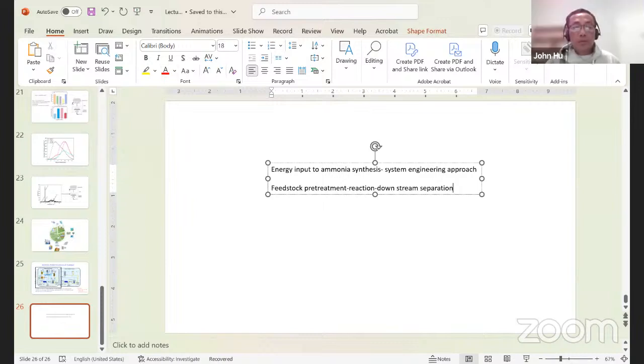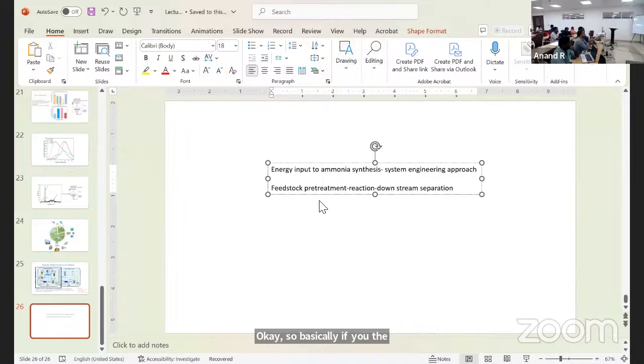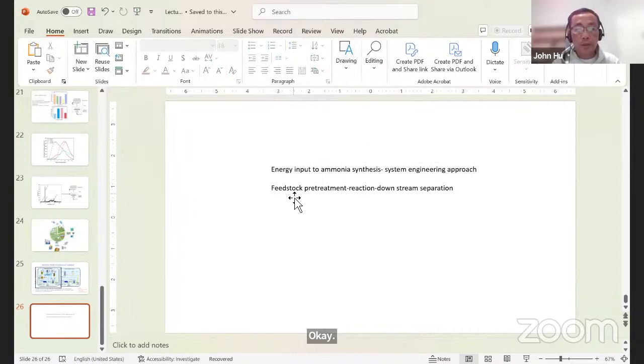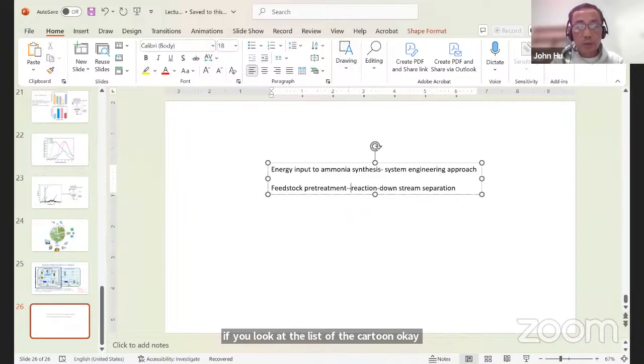Okay, so basically, if you look at this cartoon, the energy span in this direction is really like this.